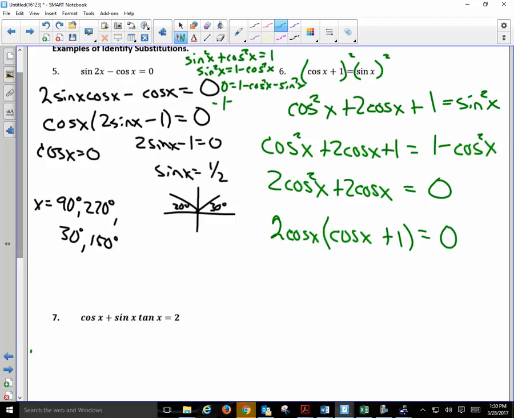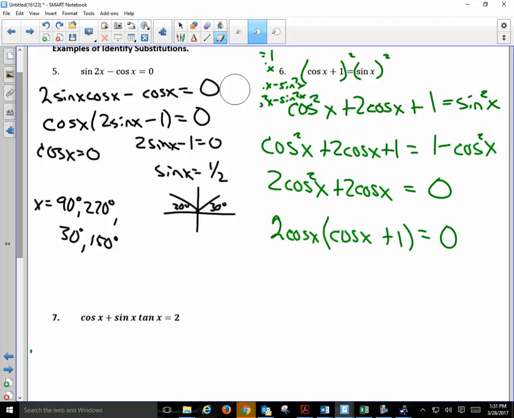Subtract the 1, negative 1 equals negative cosine squared of x minus sine squared of x. But it's a negative cosine squared, so it's not cosine squared minus sine squared. The only thing that's special about that is it's equal to cosine of 2x. You can't substitute anything for cosine minus sine squared. We can check it out if you want to.